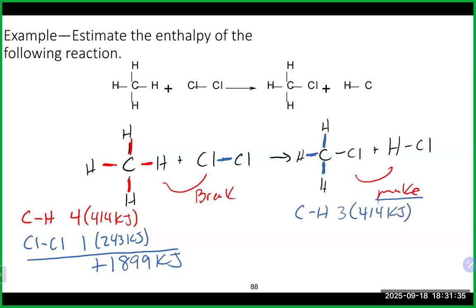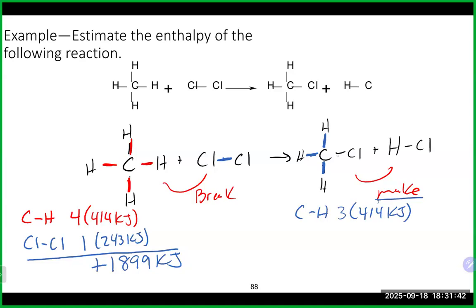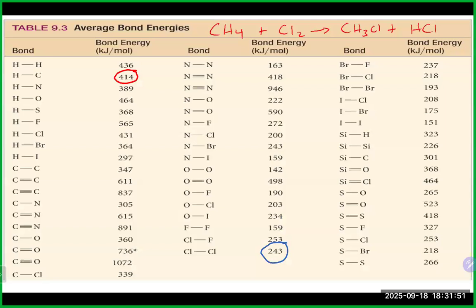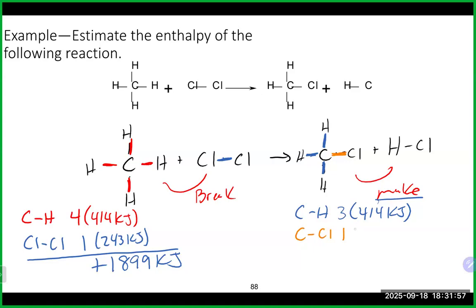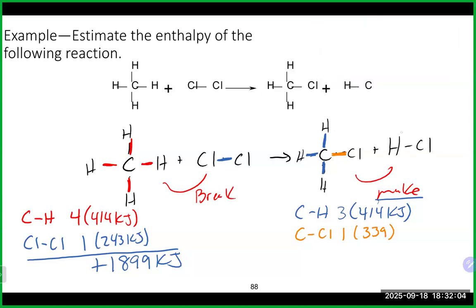Now, we also have a carbon chlorine bond right there. So that's a carbon chlorine bond. We have just one of those. So again, we'll go back to our table and find that somewhere right there at the bottom, 339 it looks like. So we'll go 339. And lastly here, we're going to make one last bond, which is our hydrogen chlorine bond right there.